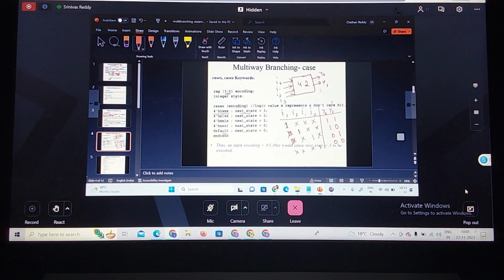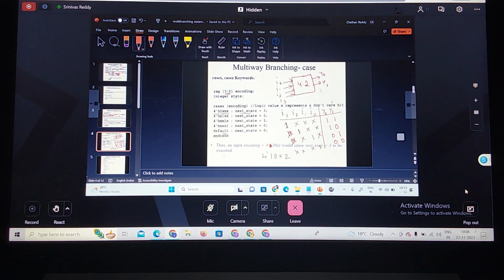Did you understand? So here, the encoding input is 4'b1 0XZ. With 4'b10XZ, what would the next state be in this case? It is 3. See, I am writing other than this, 1, don't care.